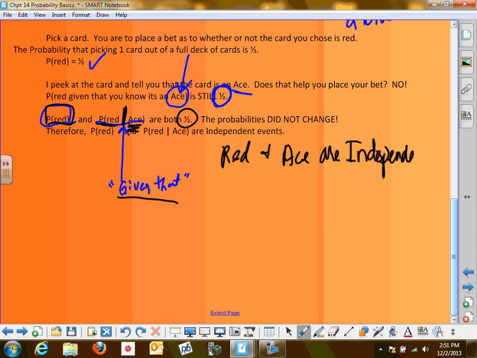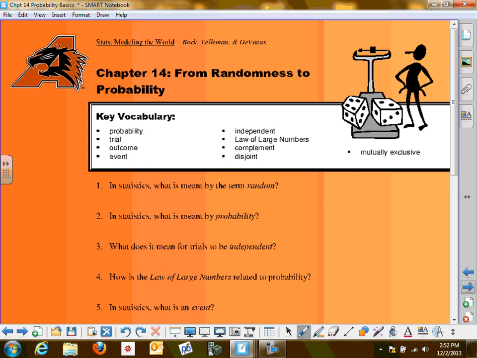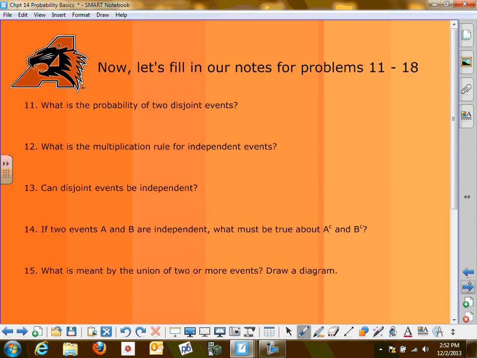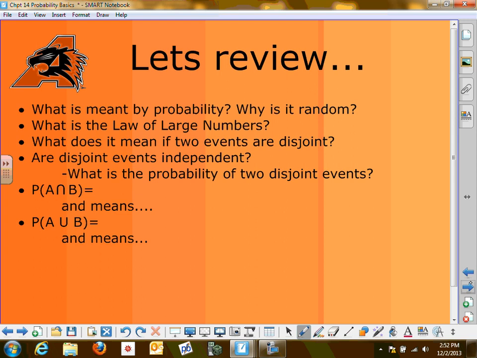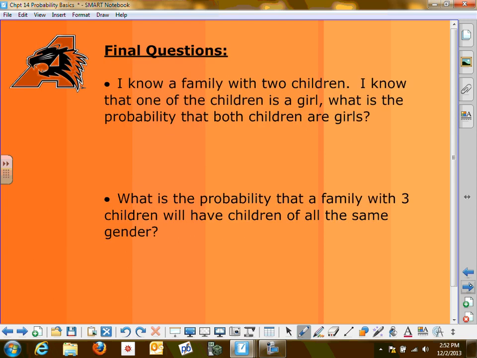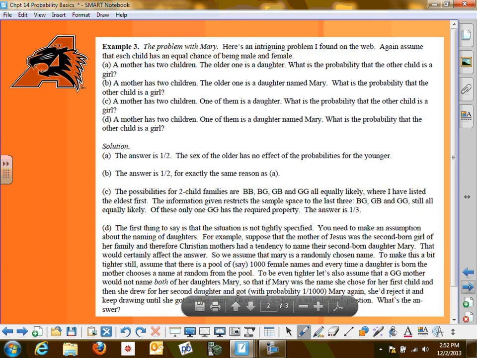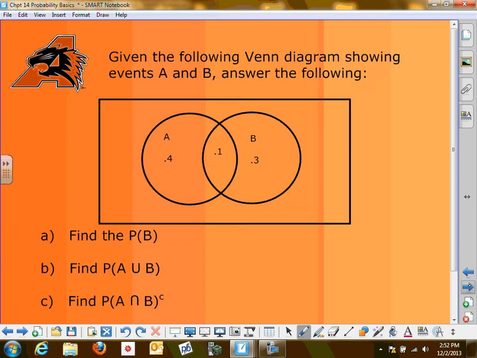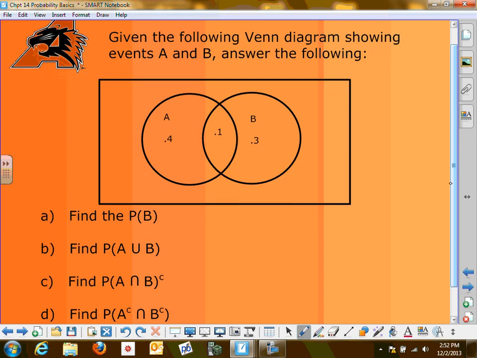Okay. Now, I'm going to see if I can quickly go through this. You have this all written out, so you don't need that. You can read through that. I want you to find the part that says final questions. It's on the back of the second page. And we're going to skip the first 2 and do this problem here. So here we go.